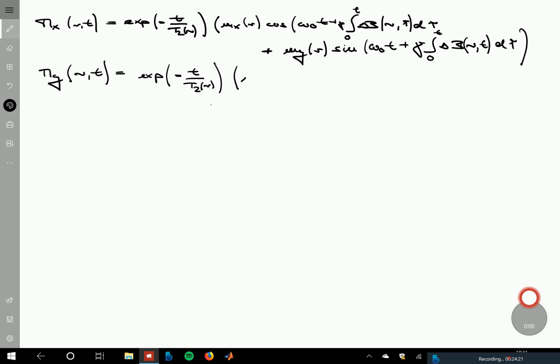So this starts with my r, and then cos omega 0 t plus gamma. This integral of the field, this will be, as I said earlier, quite important. And oops, there's a minus sign.